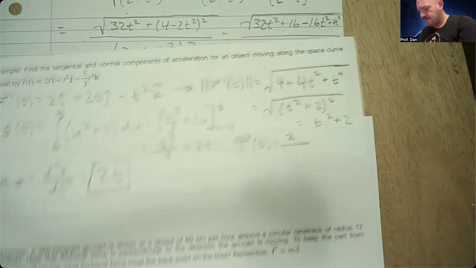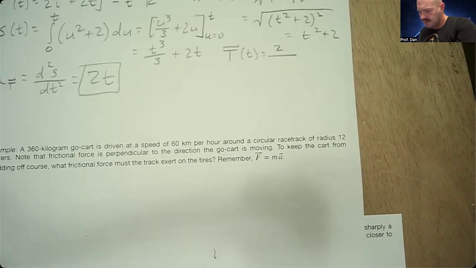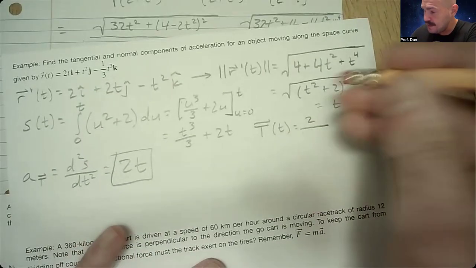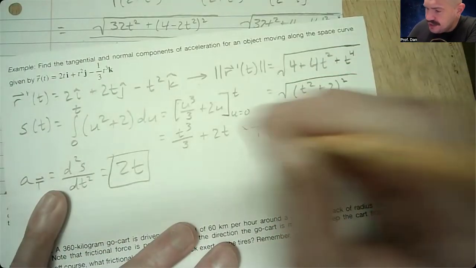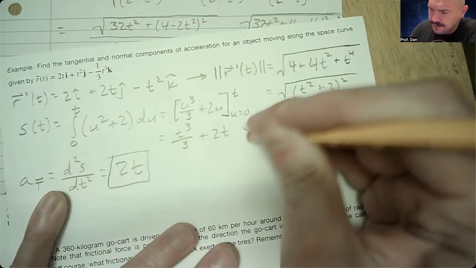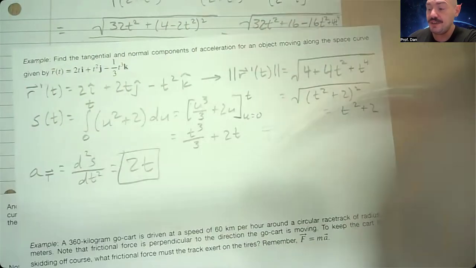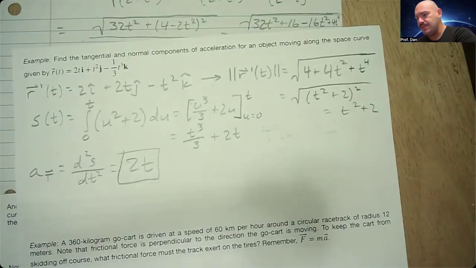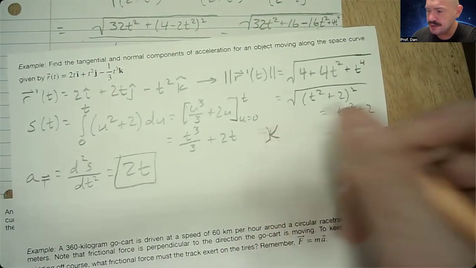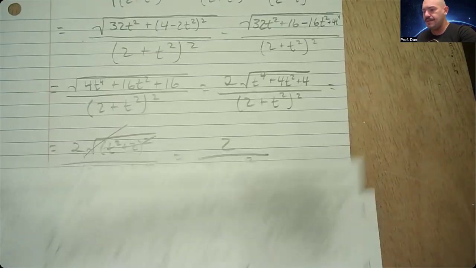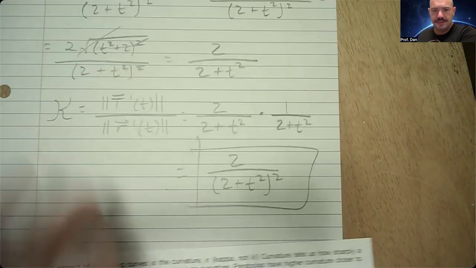Wait, hold on. Oh, y'all, it's late. This is literally the exact same function r that we found the curvature for in the last example. So rather than going through that computation all over again, we're just going to steal the kappa that we got from the last one.